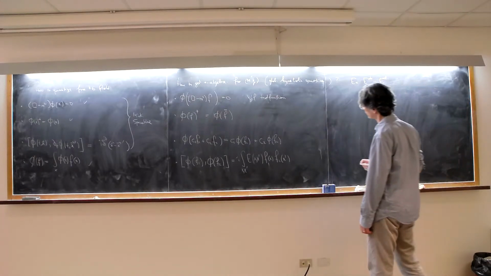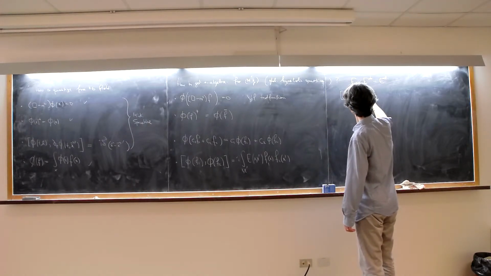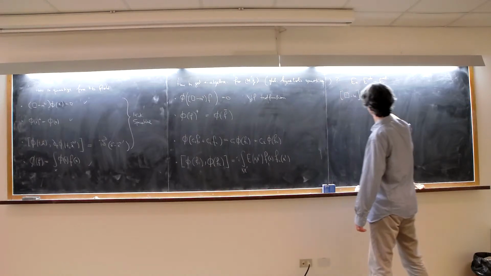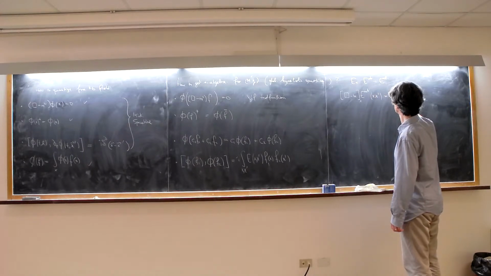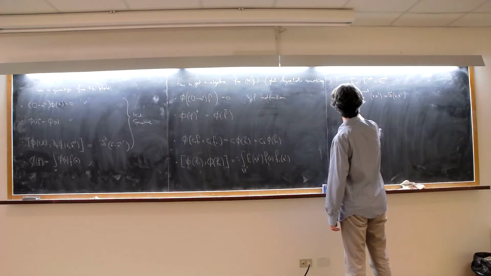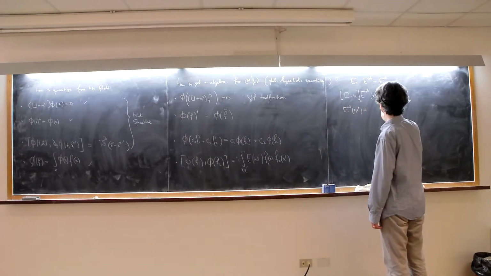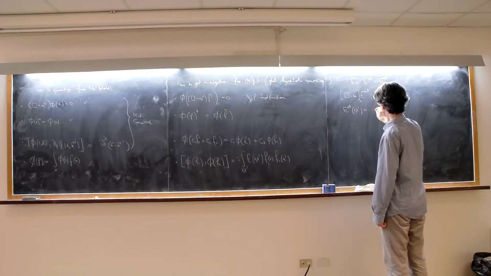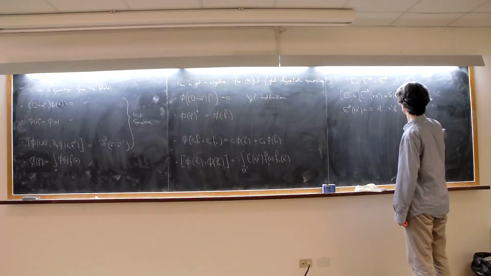So what's the advanced Green's function? The retarded Green's function, this is a delta function, and it is equal to 0 if x prime is not in the causal past.